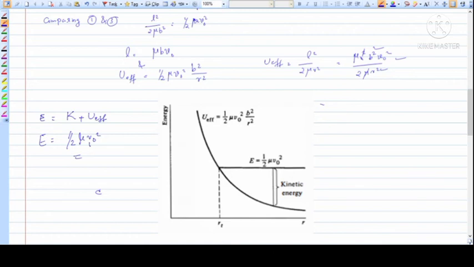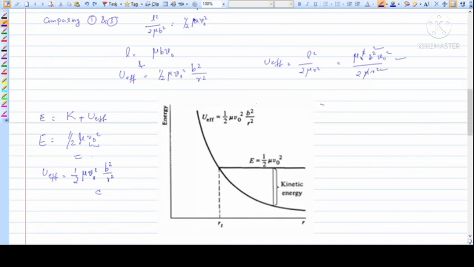Since V0 is constant, this is a constant value. And what about the U effective value? U effective is half mu V0 square B square by R square.